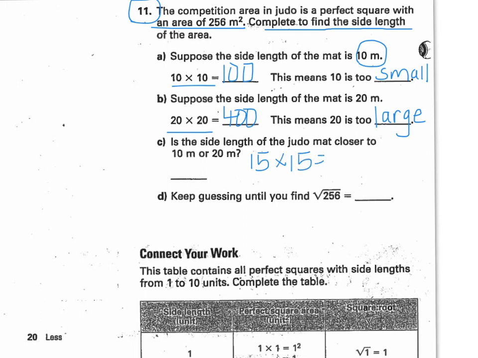My answer is 225. I want 256, so I'm going to try again. I will try 16 times 16, and I get 256. Therefore, the square root of 256 is 16.